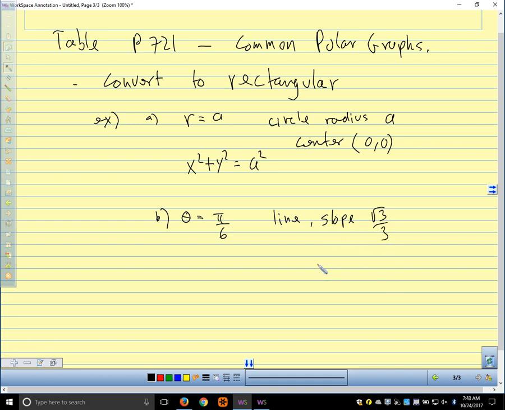And to see this, we could say tangent theta equals y over x. And so tangent of theta is square root of 3 over 3. So we get y equals square root of 3 over 3 x for the equation of that line. So a line through the origin with slope square root of 3 over 3. The tangent of theta gives us the slope.